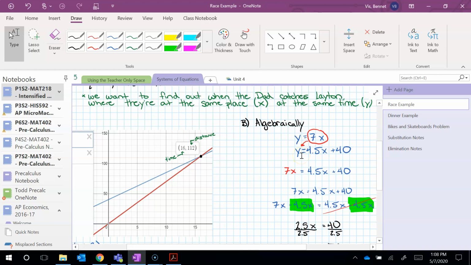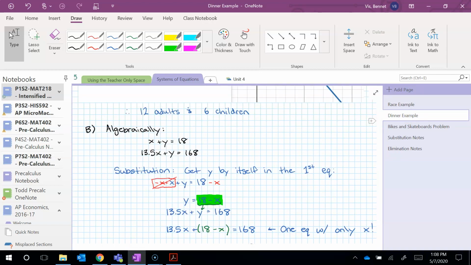In the second example we did, that dinner example, it wasn't quite so cut and dried. There was nothing by itself in either one of the equations. So what we had to do was a little bit of work to get this y by itself by moving the x to the other side of the equation. We subtracted x from both sides of this first equation to get a new equation, y equals 18 minus x, that we could then put in.